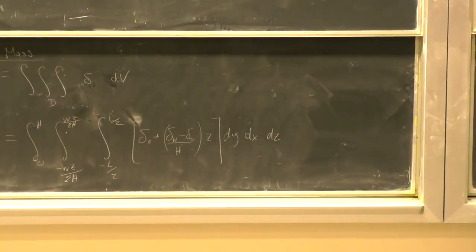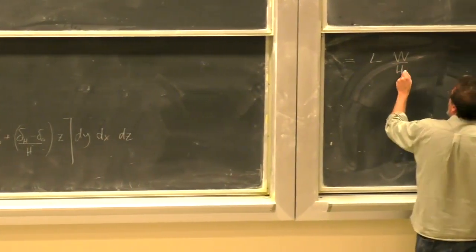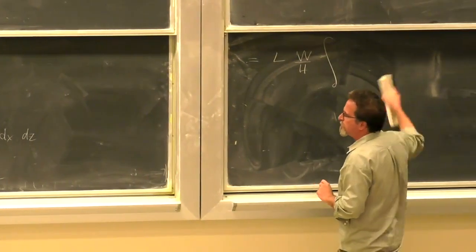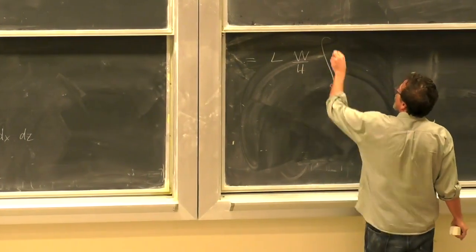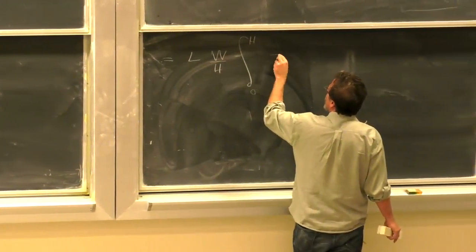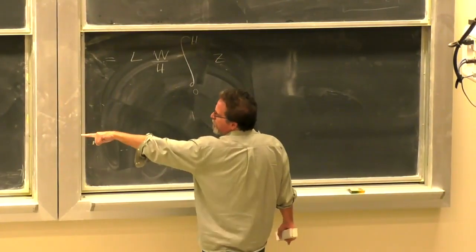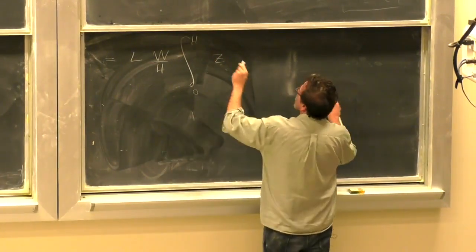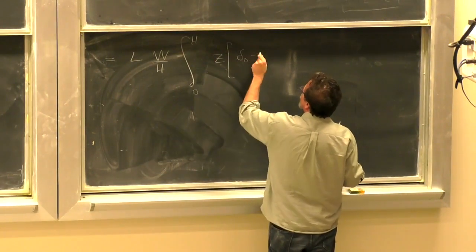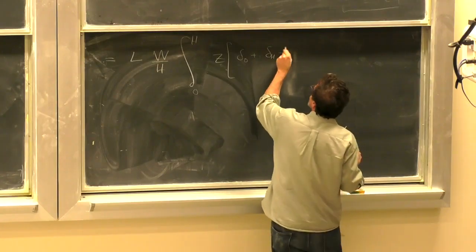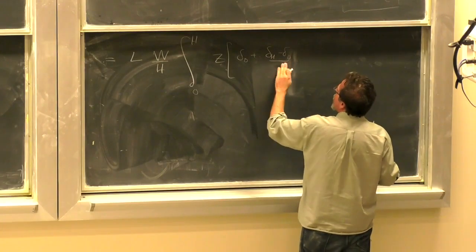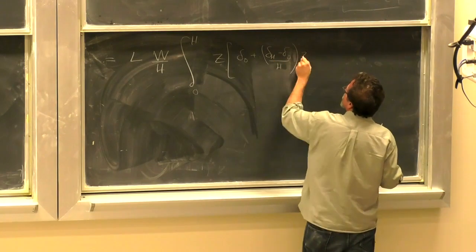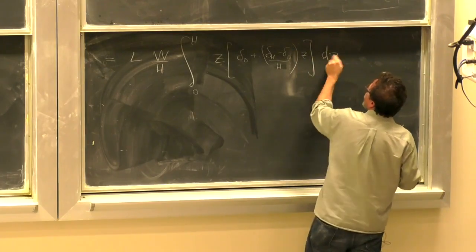So that's going to give me a w over h times z, which I have to keep inside the integration. The z integral is the integral from 0 to h. This z came from the x integration. And I got z times delta 0 plus delta h minus delta 0 over h times z. And I integrate that with respect to z.